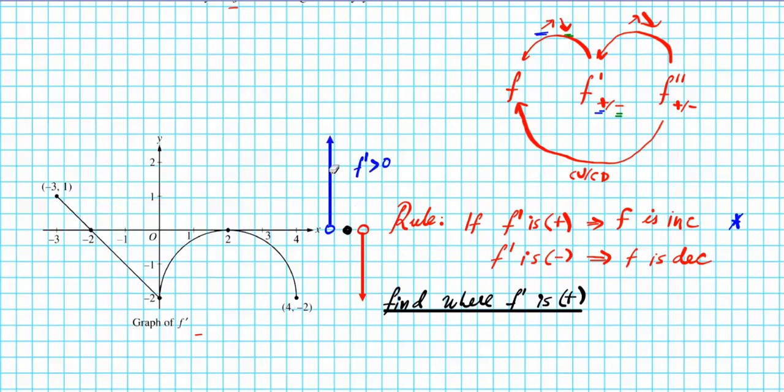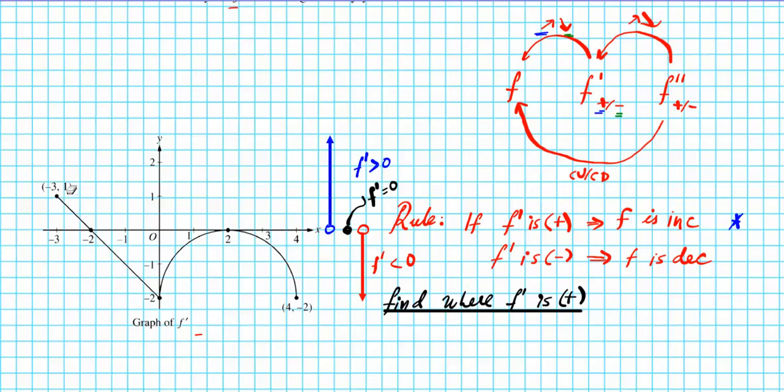If you are on the x-axis, f prime is equal to 0. And if you're beneath the x-axis, this region right here, f prime is less than 0. Since we're looking for where f prime is positive, we're focusing on the portion of the graph where f prime is above the x-axis.